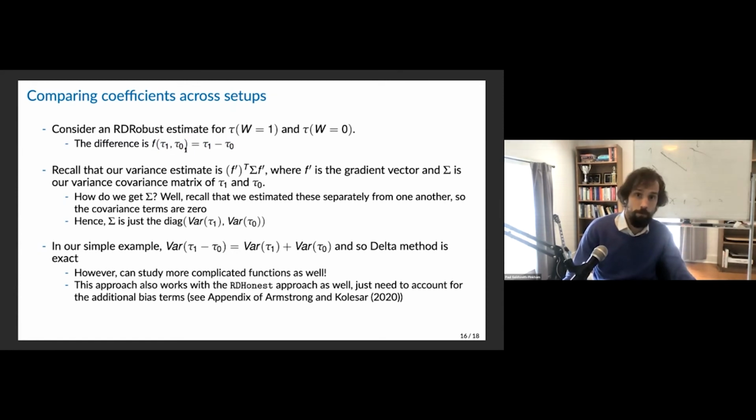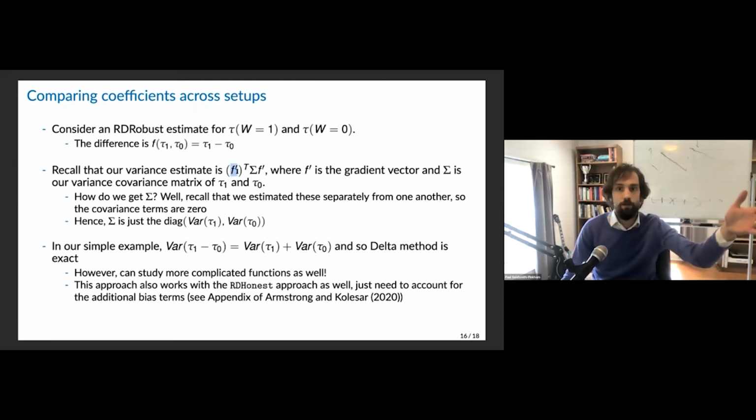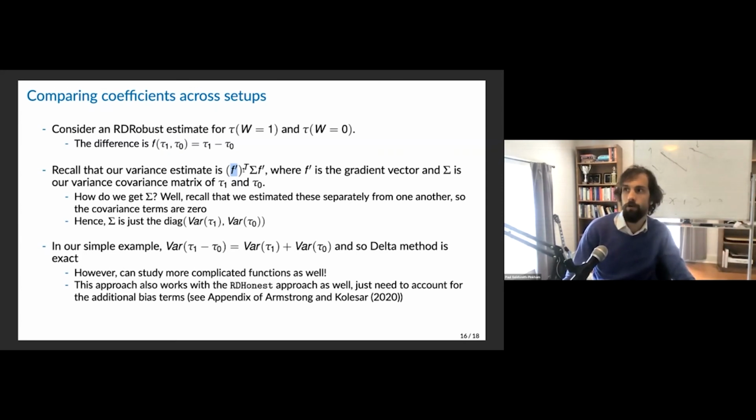And if you maybe remember from suffering through last year's econometrics class, you can get any functional transformation of parameters through the delta method, where the variance of this thing is the gradient vector, the derivative of this function with respect to each parameter, transposed, times sigma, times the gradient vector again. And this sigma is the variance covariance matrix of tau 1 and tau 0.